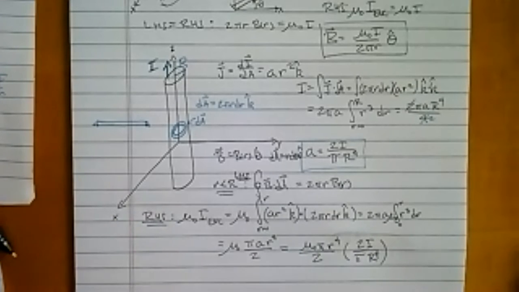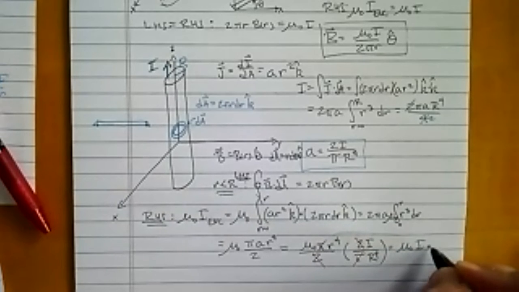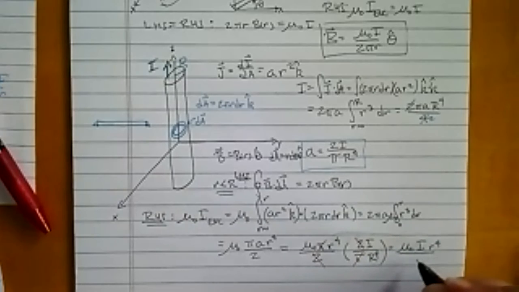So I think you can see what happens now. This pi is going to cancel out with that pi. This 2 is going to cancel out with this 2. And we ultimately have just mu 0 I r to the 4th over big R to the 4th.